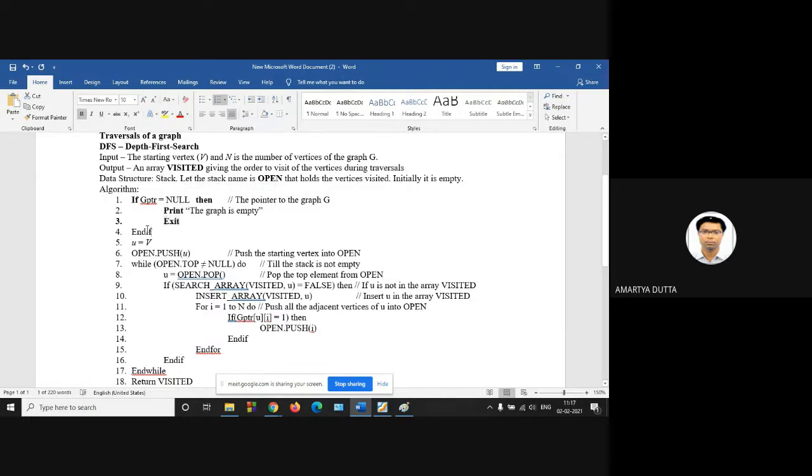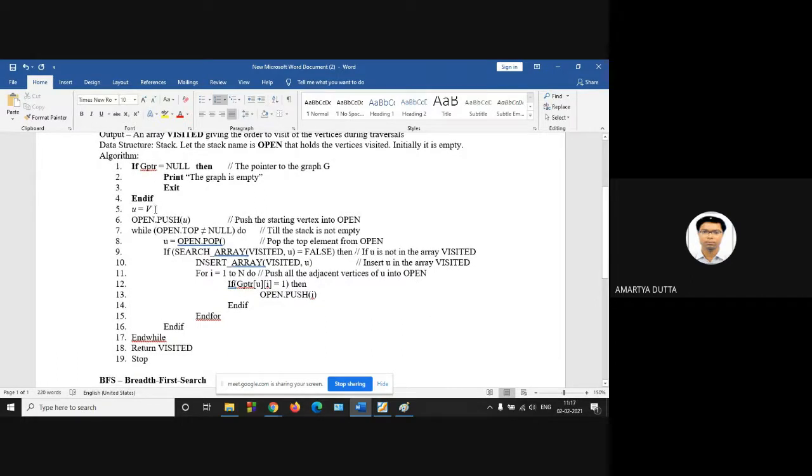Okay, and next one is end if. Next, v is copied in u. Okay, and push the starting vertex into open, the stack.